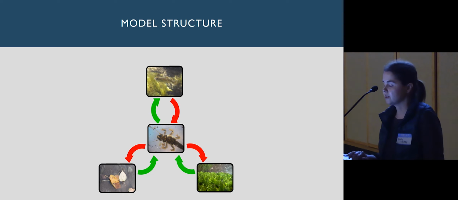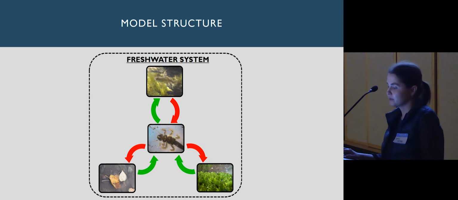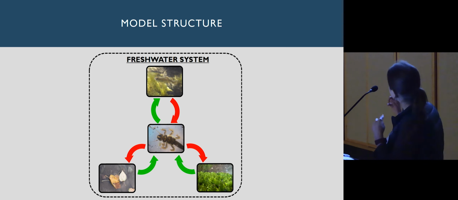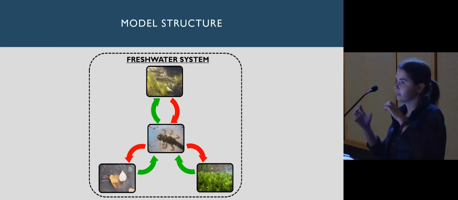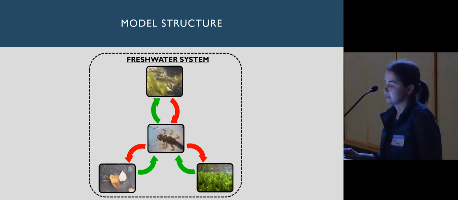So all together, these four stocks make up our simplified river food web, and all of the dynamics, both these consumer-resource-driven interactions, determine how this system operates.